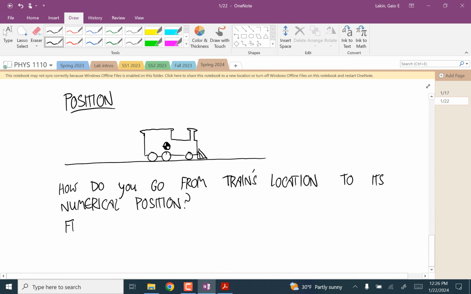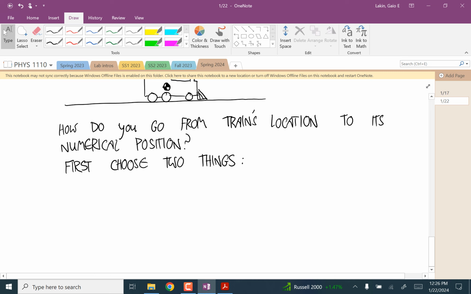So before you can determine this train's position, you need to choose two things. The first one is you need to choose a zero position.